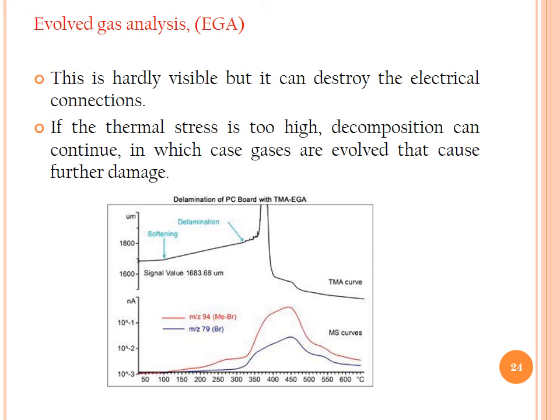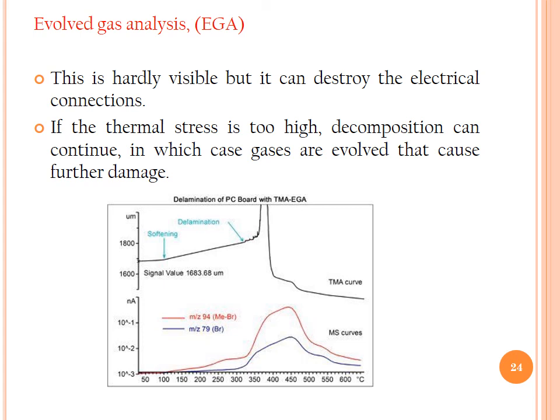Evolved gas analysis continues. This is hardly visible, but it can destroy the electrical connections. If the temperature is too high, decomposition can continue, in which gases are evolved that cause further damage. By using TMA, we can determine the coating of cables, and at what level they exist on the boards.